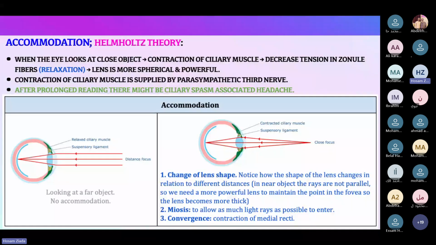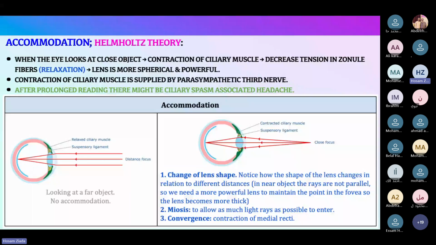Put in your mind: lens is more spherical and powerful. Contraction of the muscle, making them closer, with the relaxation of the zonules. So the stretched zonules will be relaxed, so the lens is going to be more spherical with less stretch. Okay?